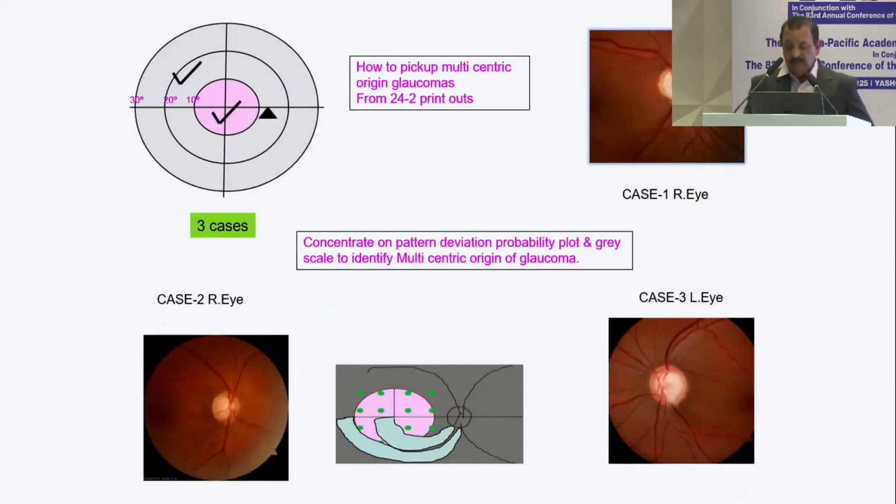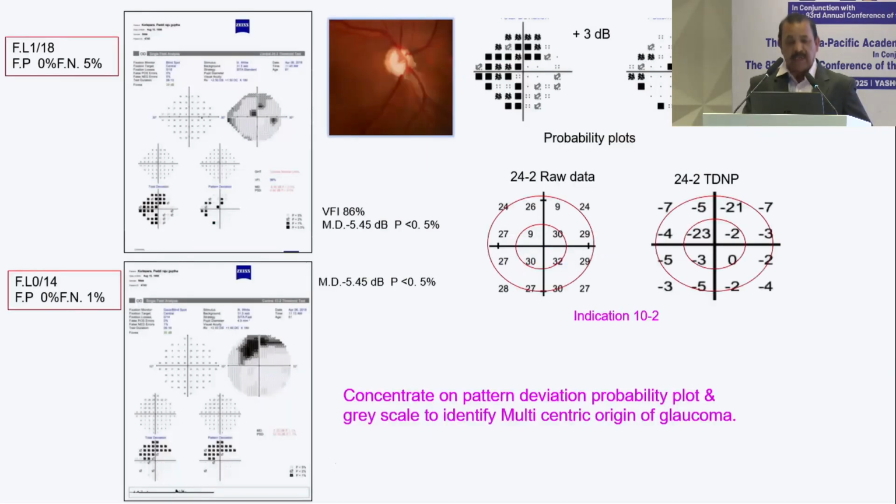Then how should we not miss multicentric glaucoma? The main culprit is the total deviation probability plot. If you see the total deviation probability plot, it looks like a single bi-arcuate scotoma, but if you see the pattern plot, it has 2 scotomas, one at the center and one at the periphery, and the grayscale also will tell us one is at the center and another is at the periphery.